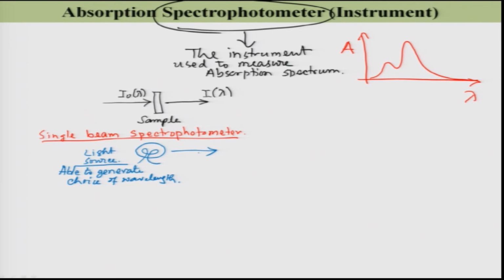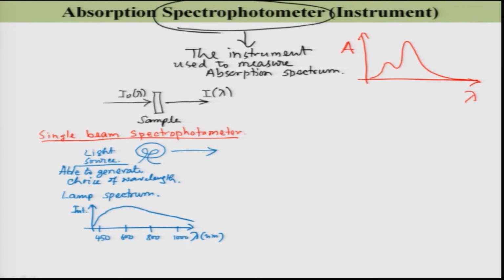So, this is the lamp spectrum, wavelength versus intensity, let us say it is like this. Here is my 450 nanometer, here is my 600 nanometer, here is my 800 nanometer, here is my 1000 nanometer, and so on.